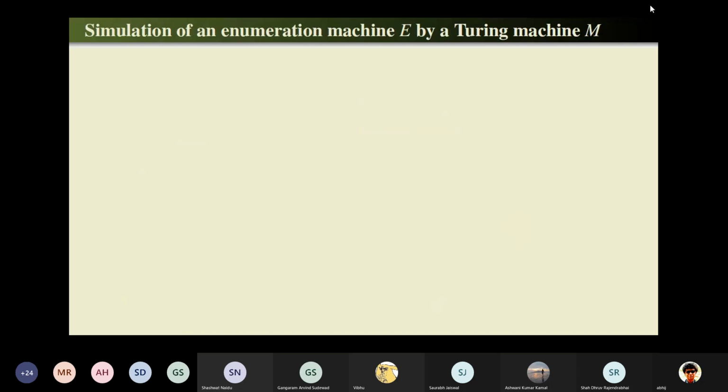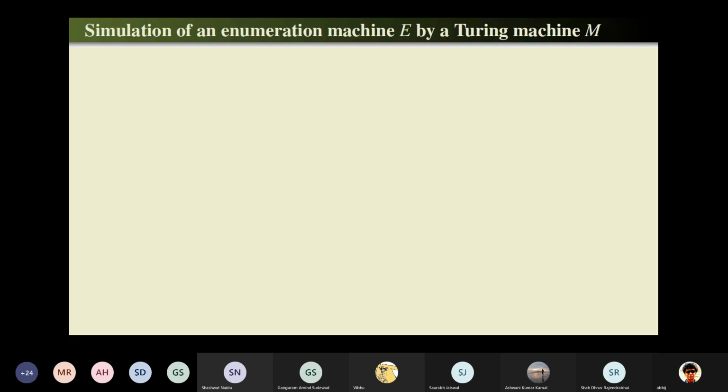I will now show that for every enumeration machine, I can build a Turing machine having exactly the same language. A Turing machine's language is defined by acceptance, whereas for enumeration machines, acceptance is defined by enumeration. So I will do two-way things.